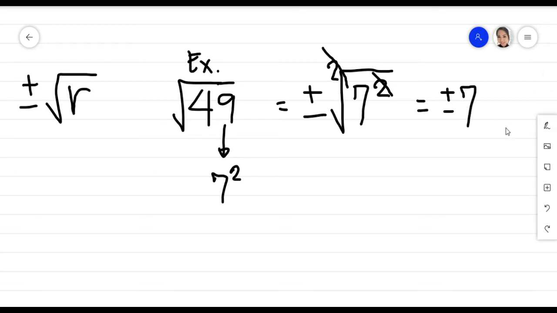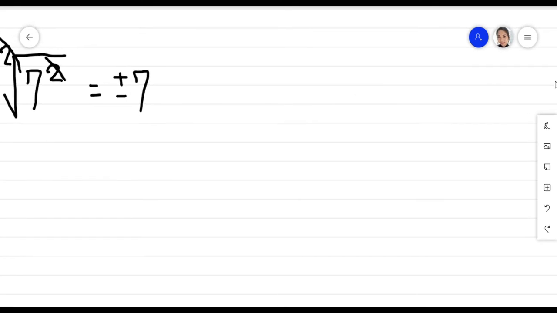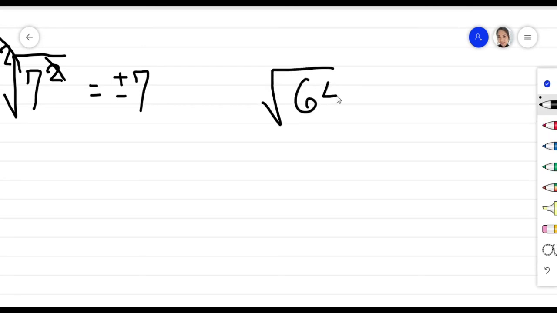Okay, another example. What is the square root of 64? Okay, so square root of 64 is equivalent to positive and negative square root of, so 64 is 8 squared.